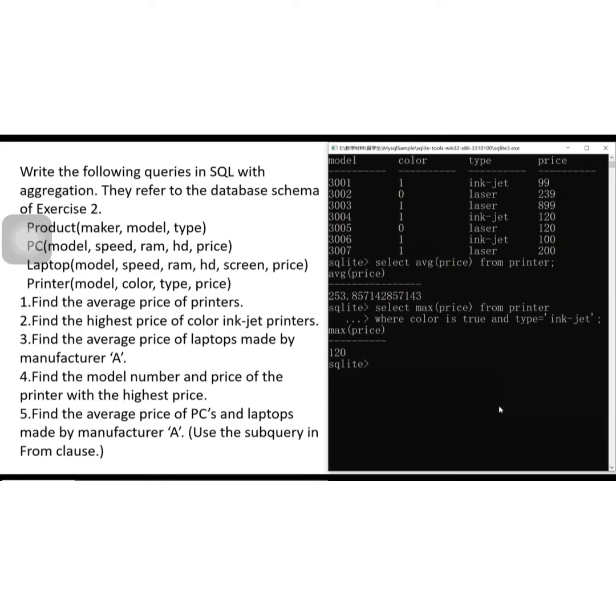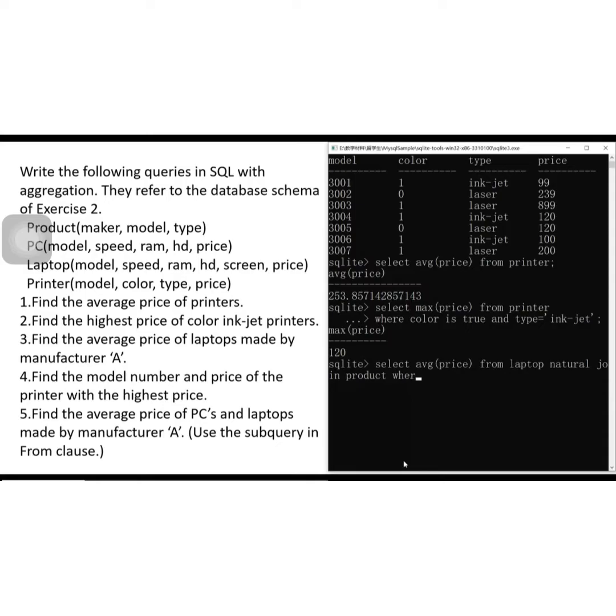Okay, now if we use multi-relations in from clause, we can write the sentence like this: select, because we want to find the average price, so we'll use AVG price, and we'll compute the average for this column, from laptop natural join product.